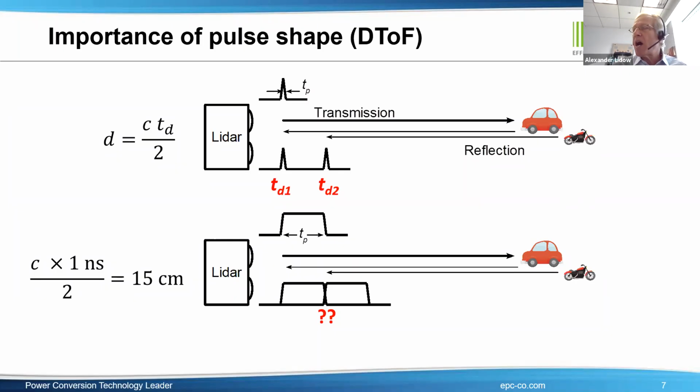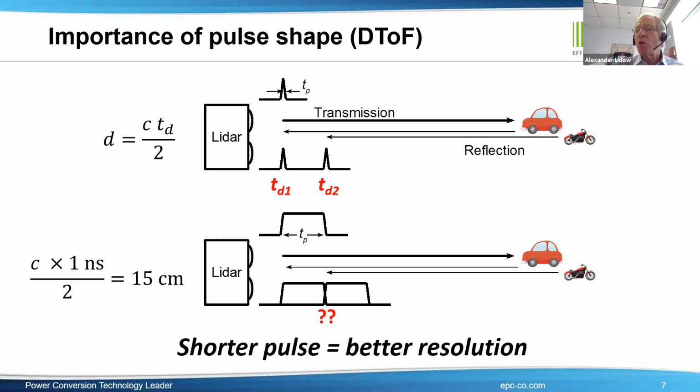So if you want to see objects that are a meter apart, you better have a pulse width that's less than 6 nanoseconds in width. On top of that, you have to add other imprecisions in the system, but that's a good gauge of the way to tell what resolution you need. So it's clear that the shorter the pulse in direct time of flight, the better your resolution.